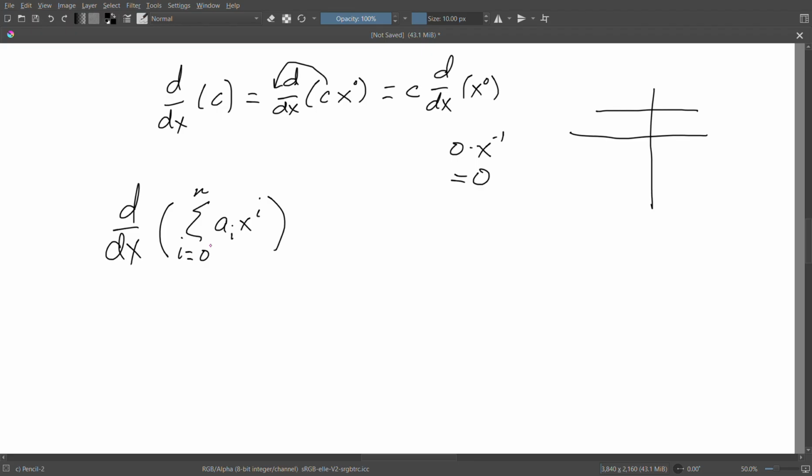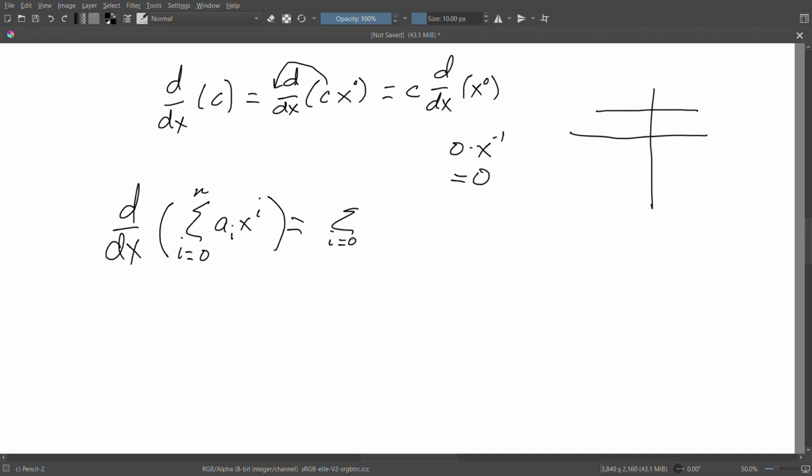I guess I haven't gone over some of the rules yet. I'll go through those next time, but it turns out that you can do addition and subtraction inside or outside the derivative as you want, sort of the same thing as limits. I can prove that if you like, but I'll leave it up to you.